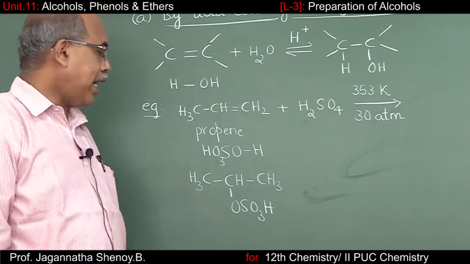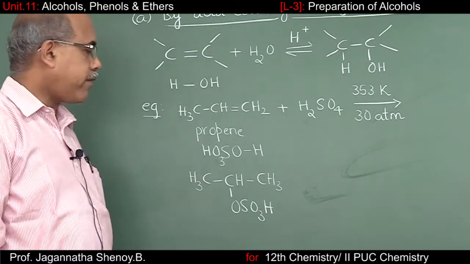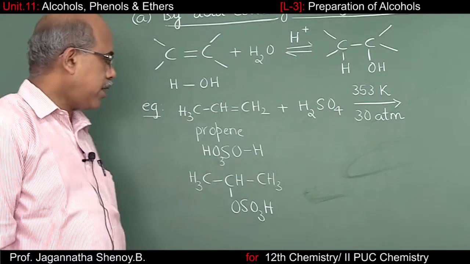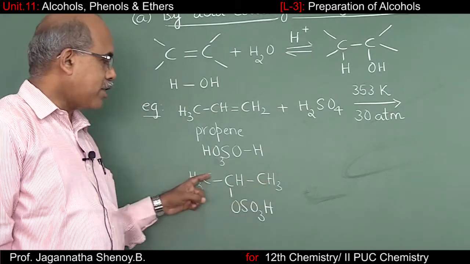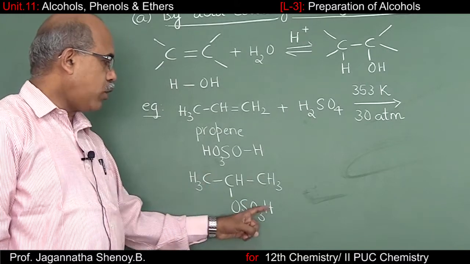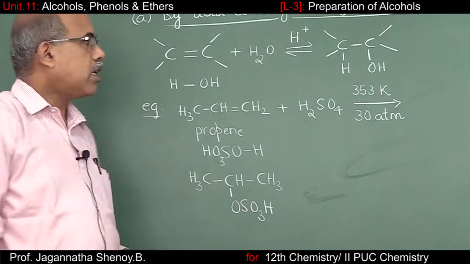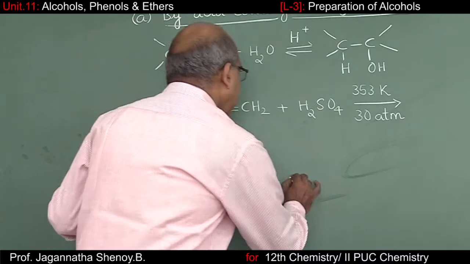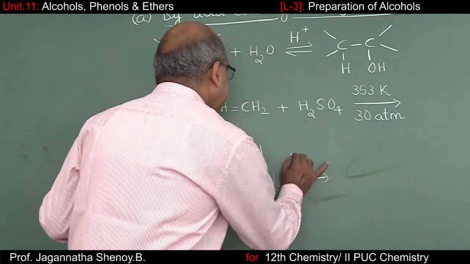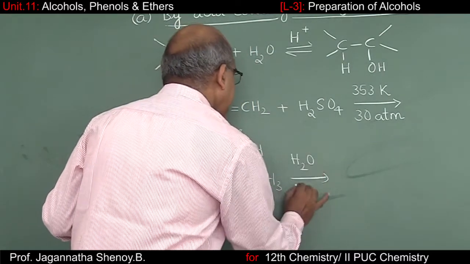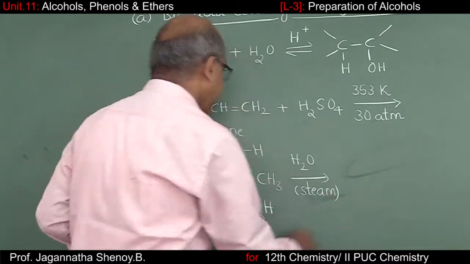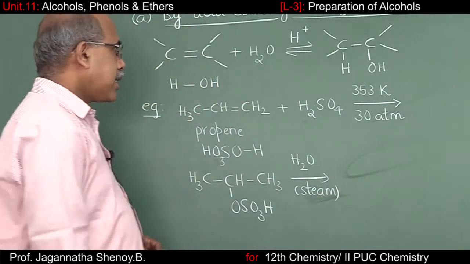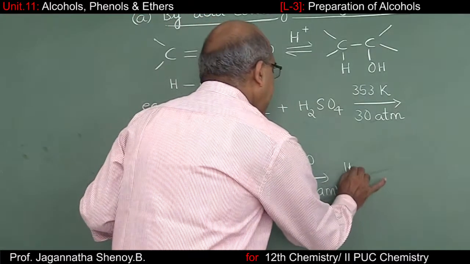HSO4 is hydrogen sulfate, or we call it bisulfate. So what is the name of this product? It has to be isopropyl hydrogen sulfate. Now this compound, when treated with steam, should undergo hydrolysis, and that gives you isopropyl alcohol.